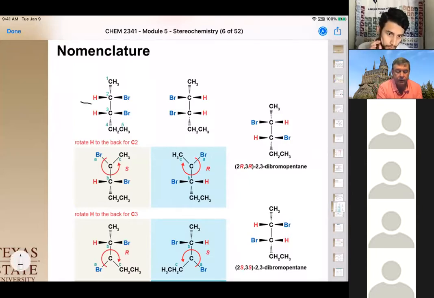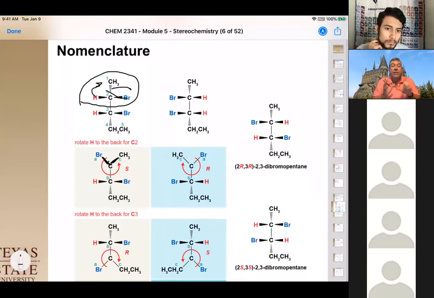If you have a Fischer projection like this, what you want to do is, in your head, rotate the hydrogen to the back here, which rotates the bromine to this side, like this, and rotates the methyl to this side right here. So we've given it a perspective such that the bromine and the methyl group are in their same position. All we do is rotate them 120 degrees. And now we can assign our priority.